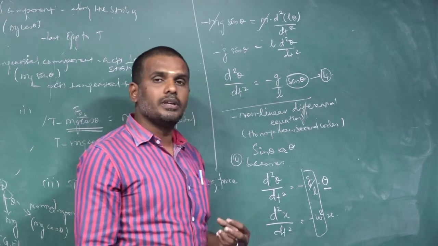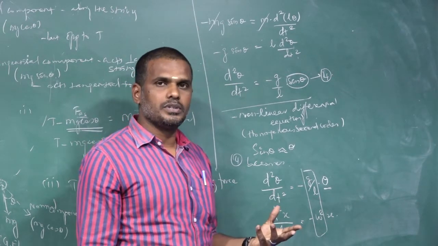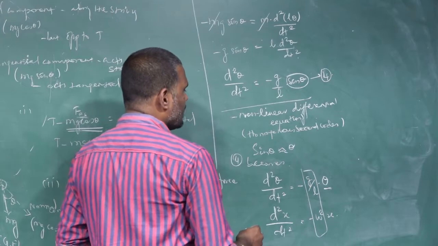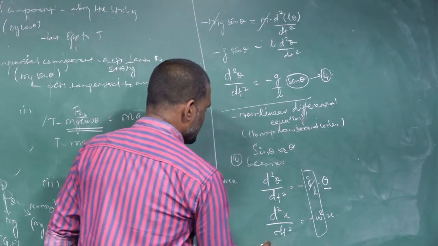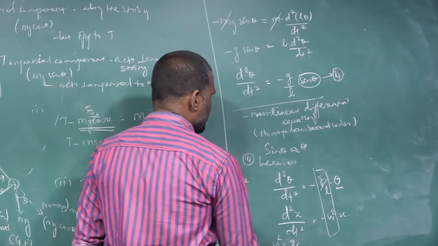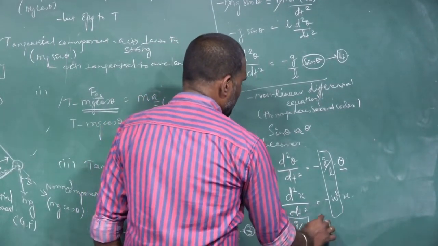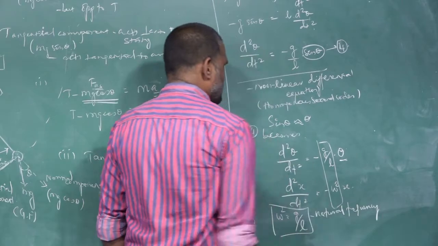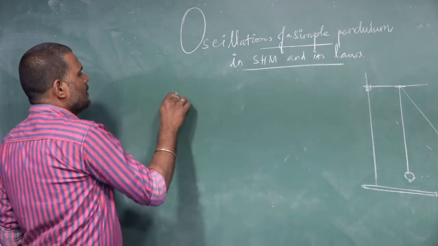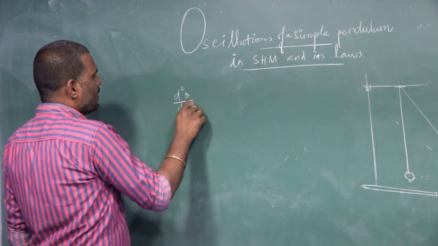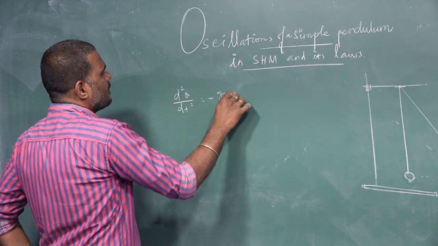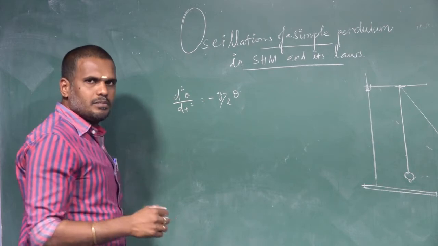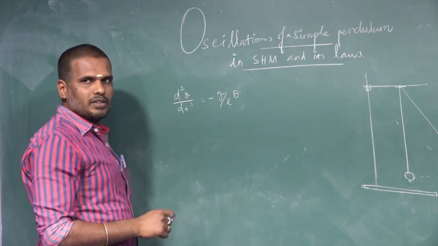So I can give out the value of the angular frequency, which is nothing but the natural frequency of oscillation of a simple pendulum, as omega square is equal to g divided by L. So this expression goes as d square theta by dt square is equal to minus g by L into theta, which is nothing but the equation for simple harmonic motion.